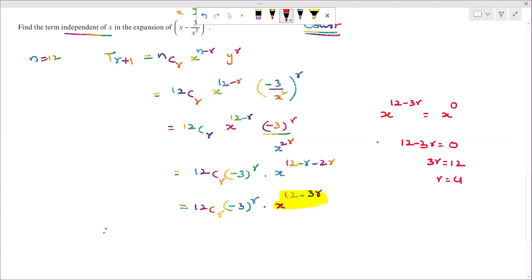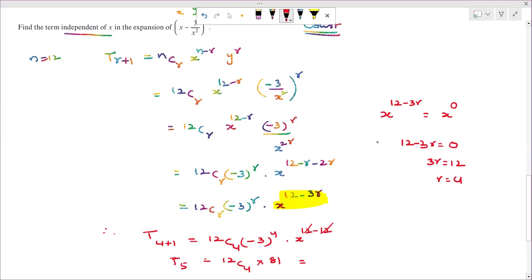So the r value is found: 4 plus 1, which is 12C4, minus 3 to the power of 4. Here the x power is 0 only, 12 minus 12 cancels. So 12C4, minus 3 power 4 is positive only, and 3 power 4 is nothing but 81. So this is T5, the fifth term.